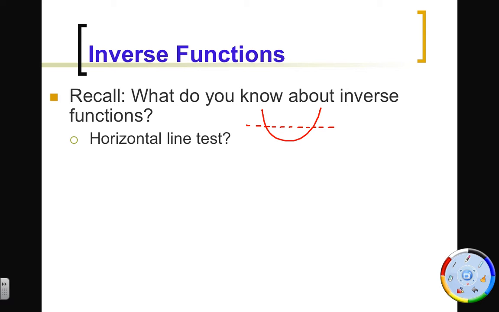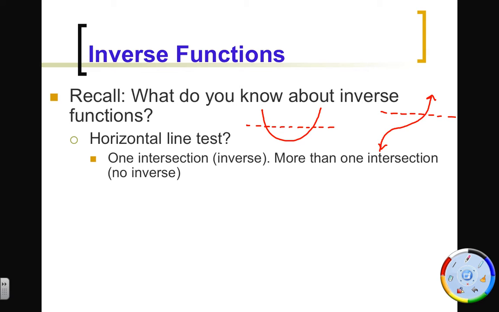But there are ways that we can make inverses, and that's what we're going to get to. Or if we had something like a cubic function here, the horizontal line test is fine, which means it has an inverse that we can find pretty easily, actually, in most of these cases.